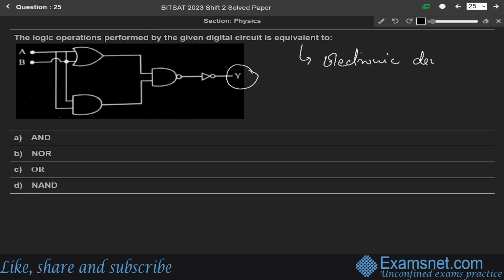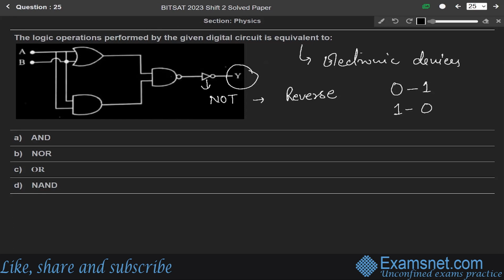In this question, this is a NOT gate, which means it does the reverse of any operation. If the input is 0, we will get our answer as 1. If it is 1, we will get our answer as 0. So we have to find the Y here.